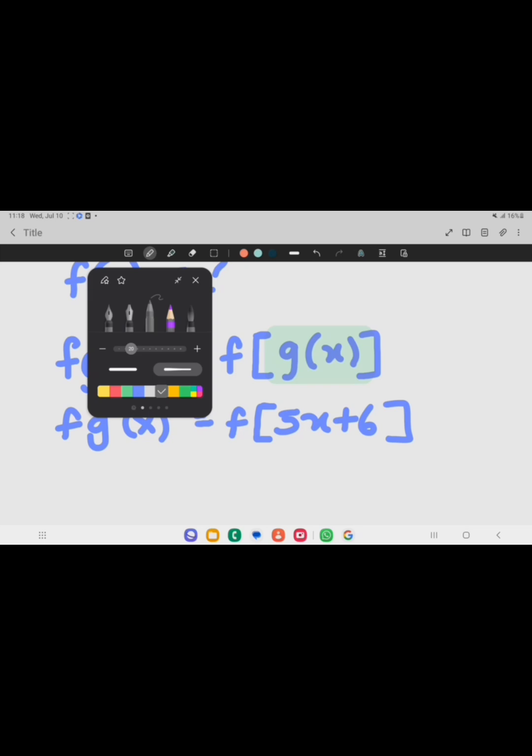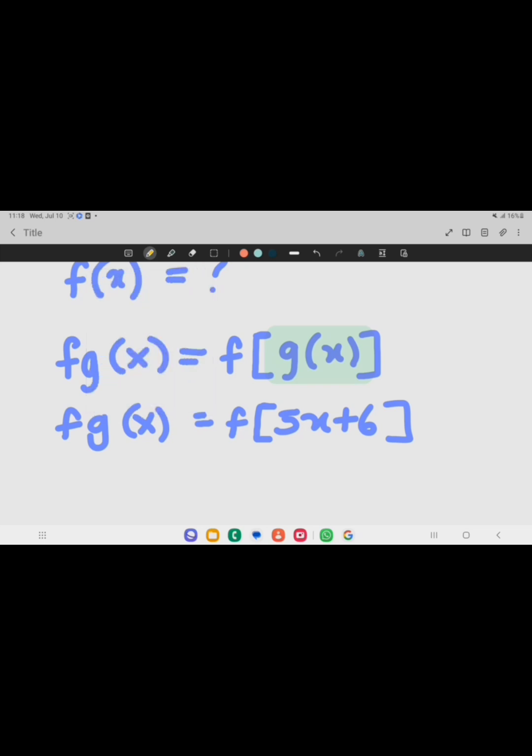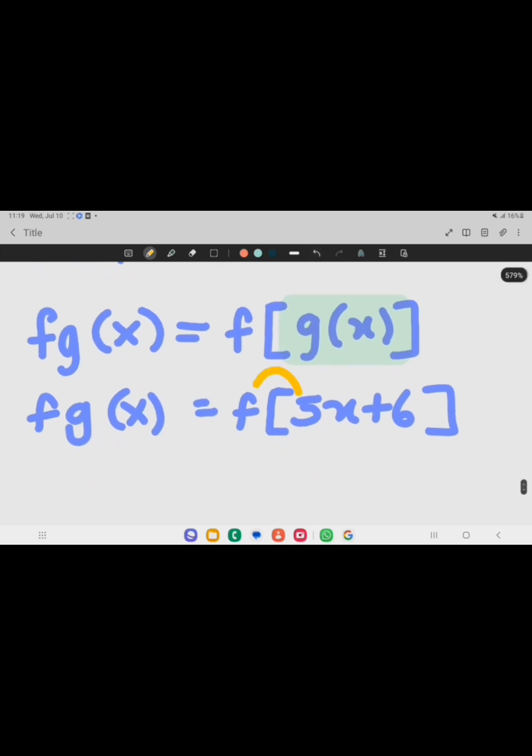How do we further answer this question? Most of you will say you can move this over and make it f of g of x divided by 5x plus 6. No, that's wrong, you cannot do it that way. Some of you will say we can open the bracket and make it f of 5x plus f of 6. There's no such thing.